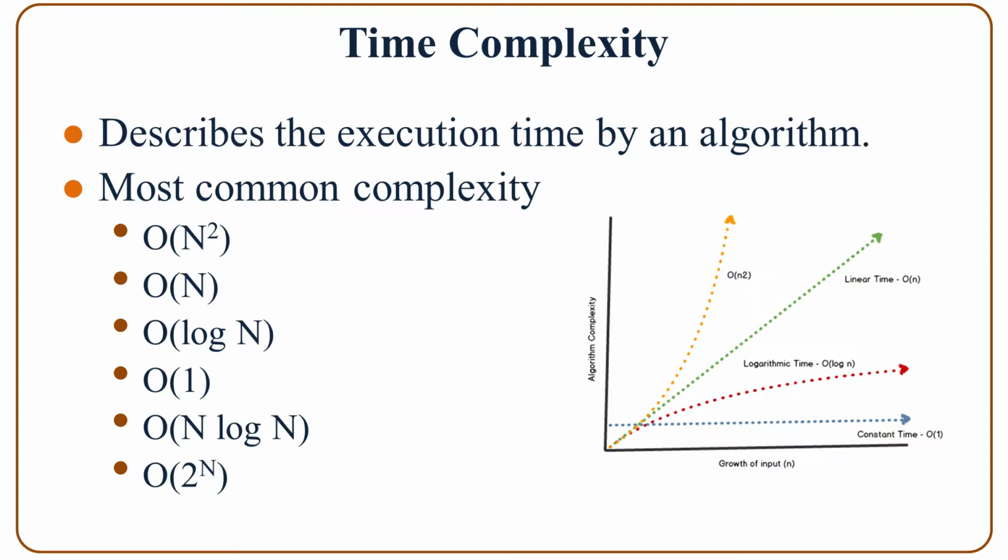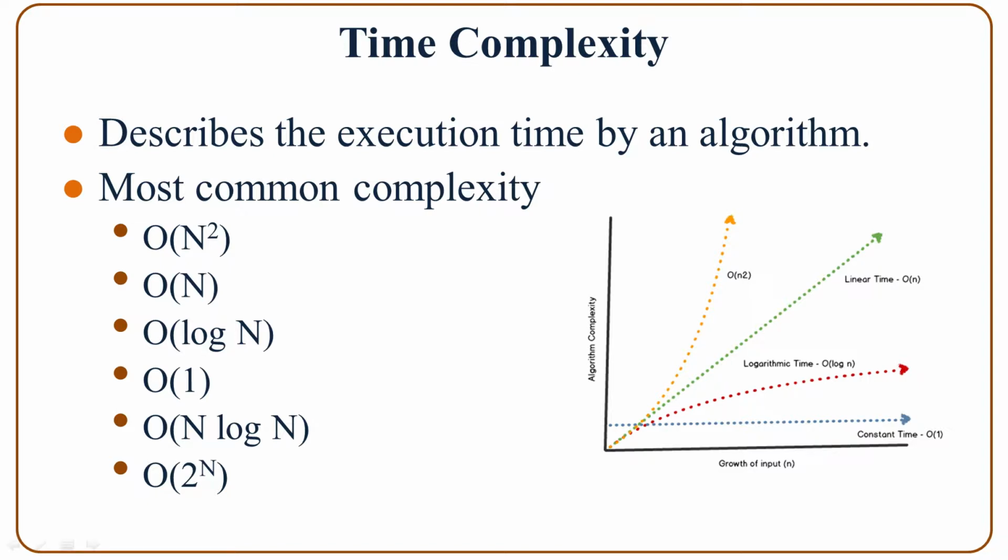First, let's talk about time complexity. Time complexity describes the execution time of an algorithm. The most common complexities include O of n squared.